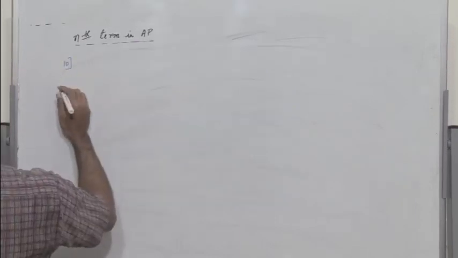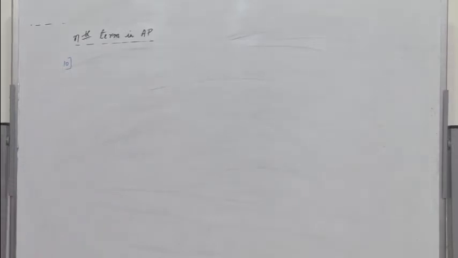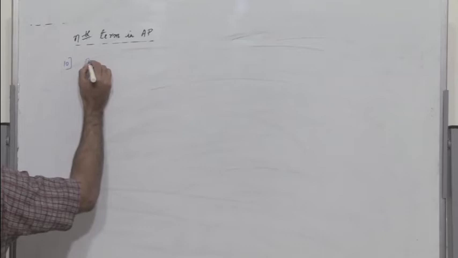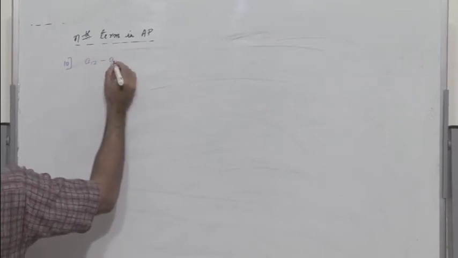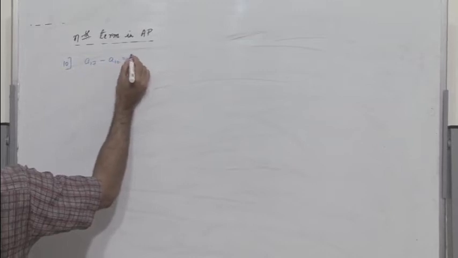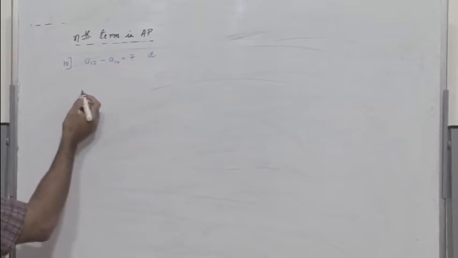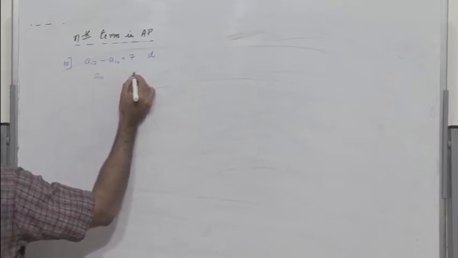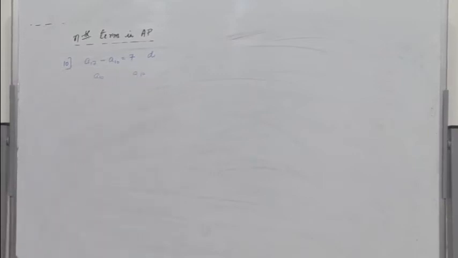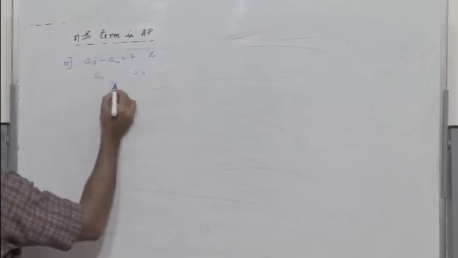The 10th problem says that the 17th term exceeds the 10th term by 7. So the 17th term exceeds the 10th term. That means A17 minus A10 equals 7. So between A10 and A17 we have 7D.